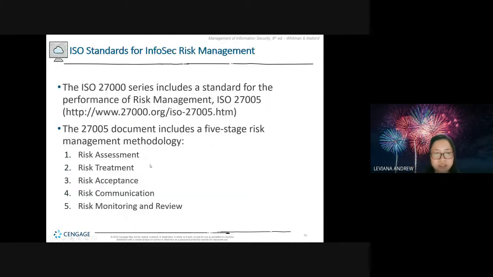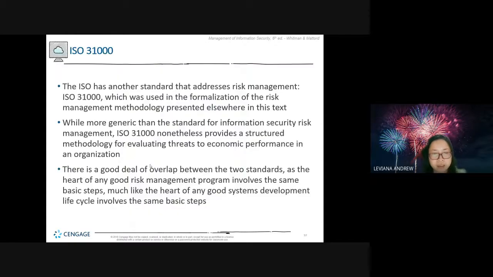Kalau 27000 tadi, how to manage the risk. This one, ISO 31000, how to evaluate threats in the economic performance of the organization. So this will look into the financial performance of the organization when the threat and vulnerability attack happen.